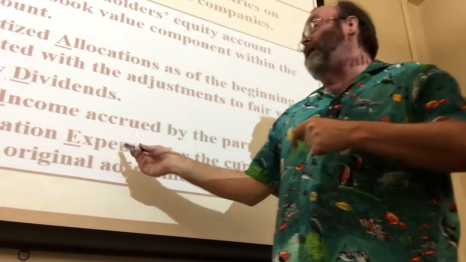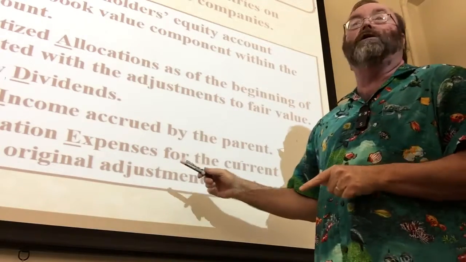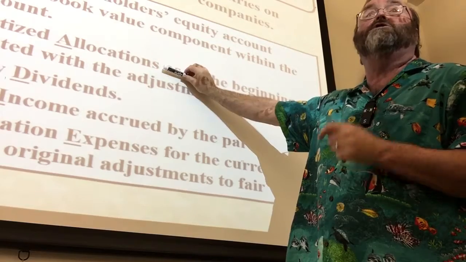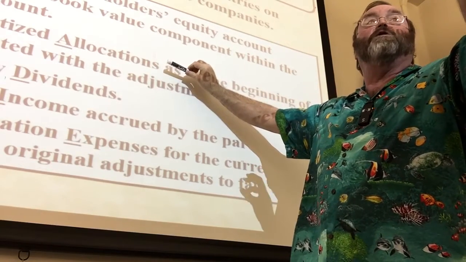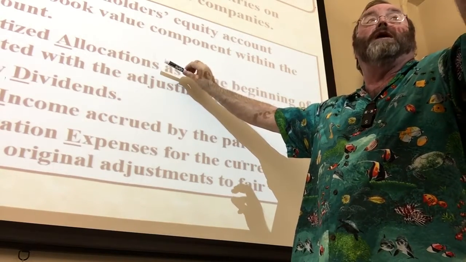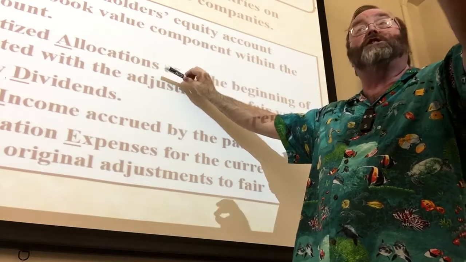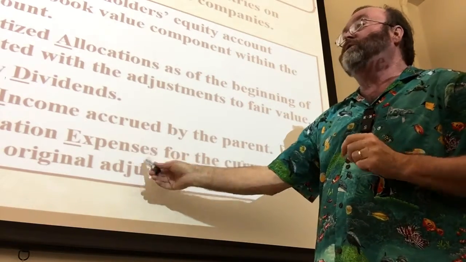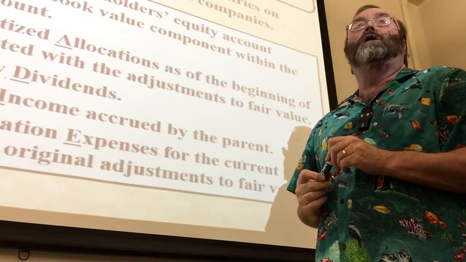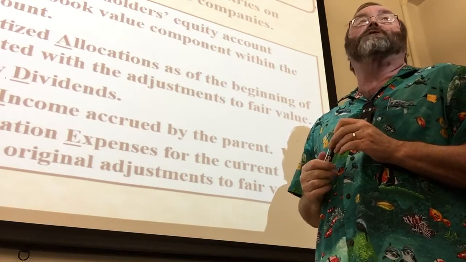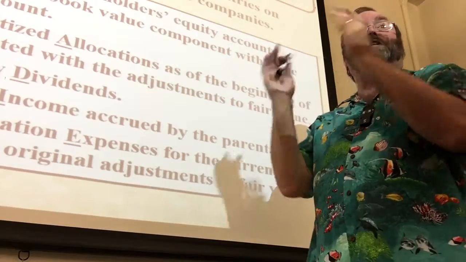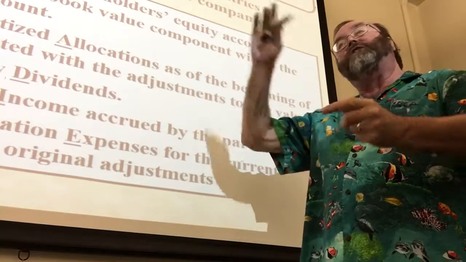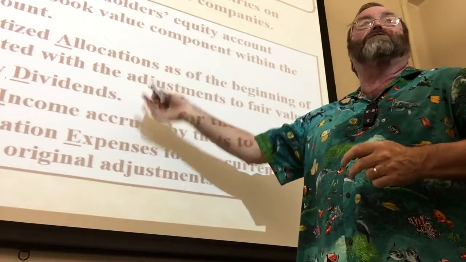And then recognize the excess amortization for the current year, because you're making adjustments to the A entry year after year to reduce that difference between fair market value and book value at acquisition. So all you're taking on the E entry is the adjustment for current year's expense, which in that last example was $7,000 per year for years 1 through 5, and then $13,000 for years 6 through 10.